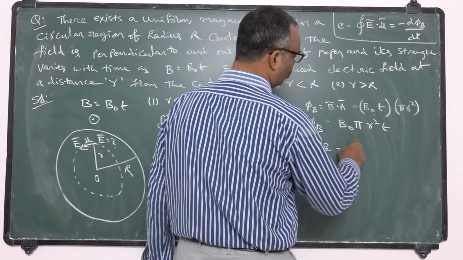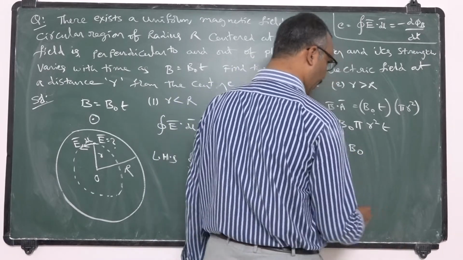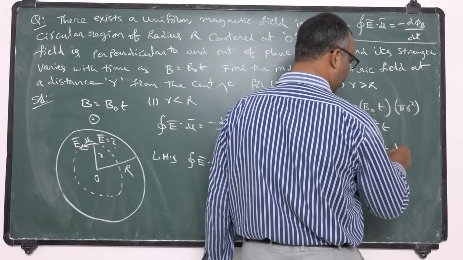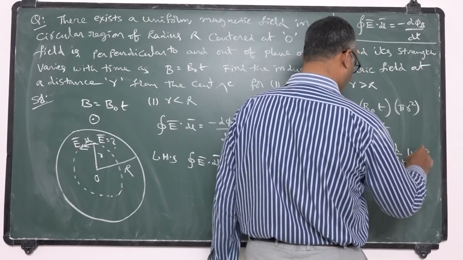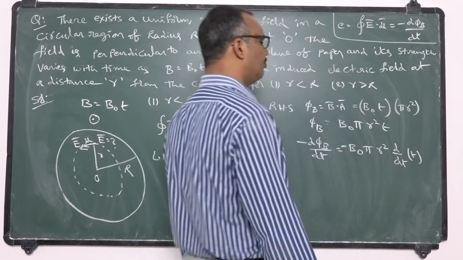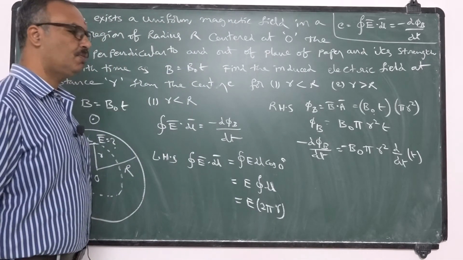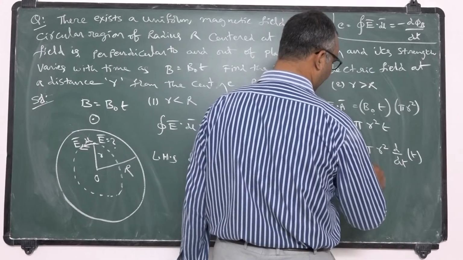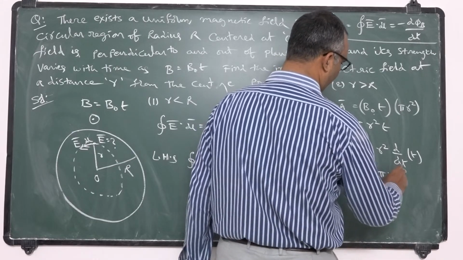Here the constants I should keep out. B naught is constant, pi is constant, r radius is constant, d by dt of t with a negative sign. The derivative of t with respect to t is one, so that is nothing but minus B naught pi r square.